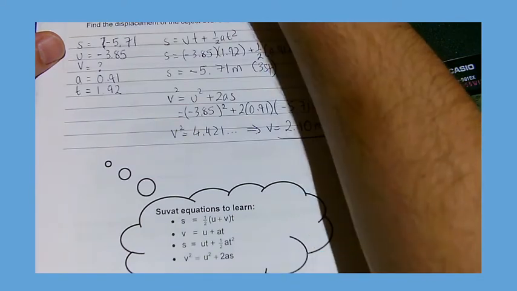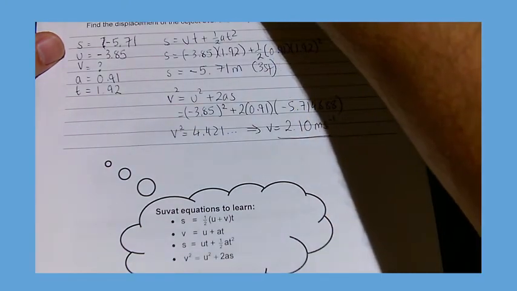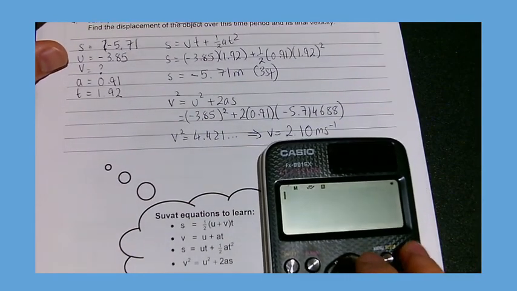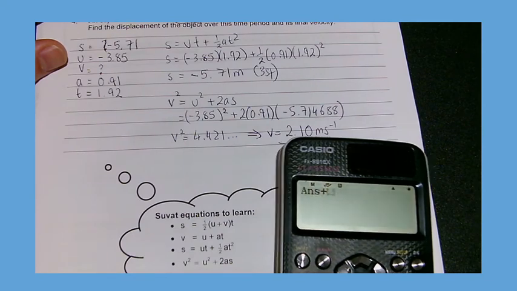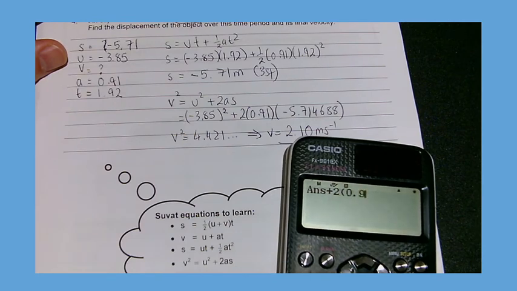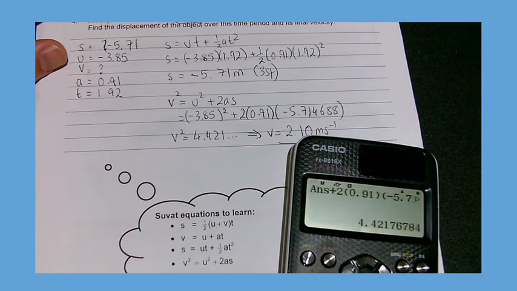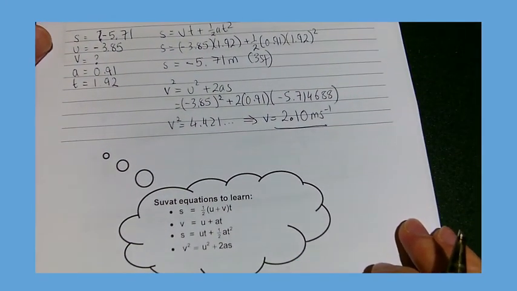Okay, so that's sorted. Anything else that we need to think about there? Just making sure that I've got that correct. Yeah, so that's the answer that we're going to have. 2.1 meters per second.